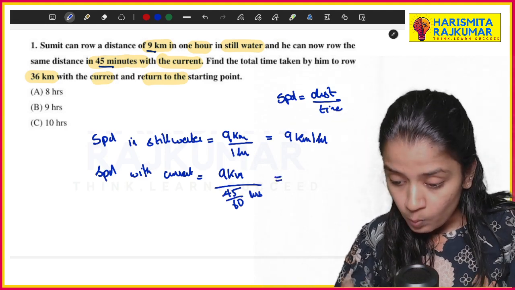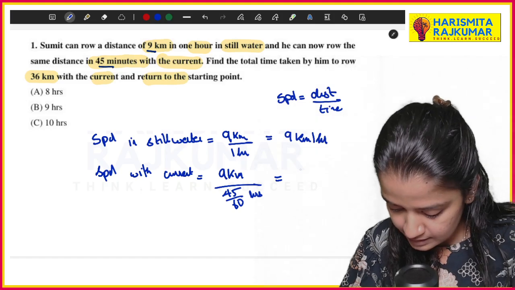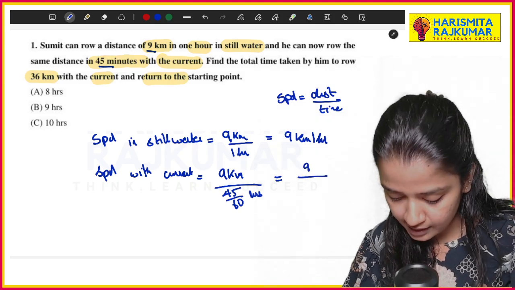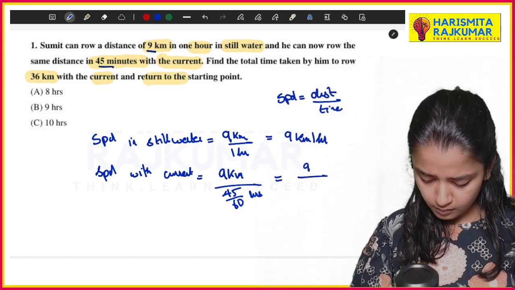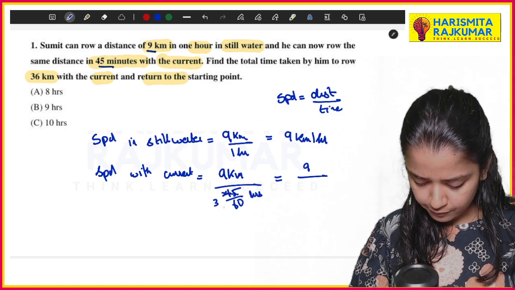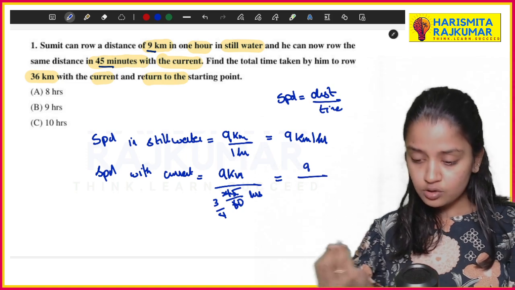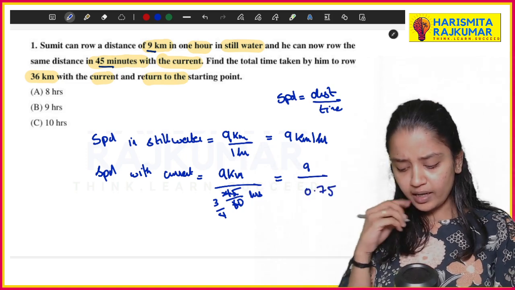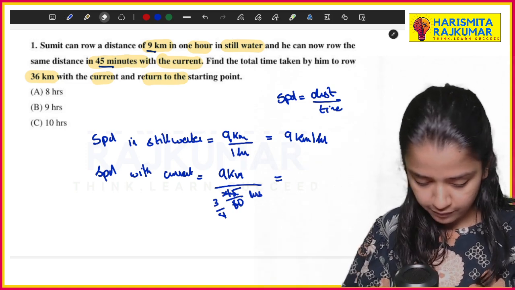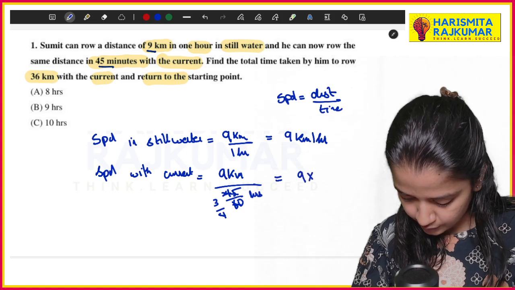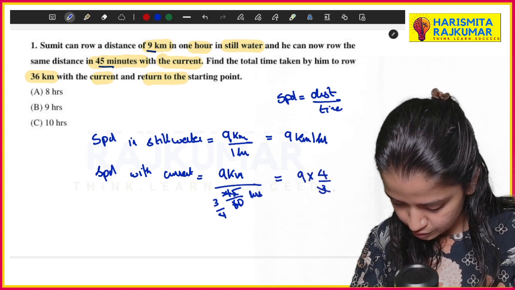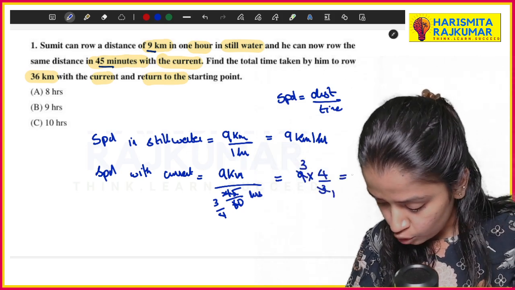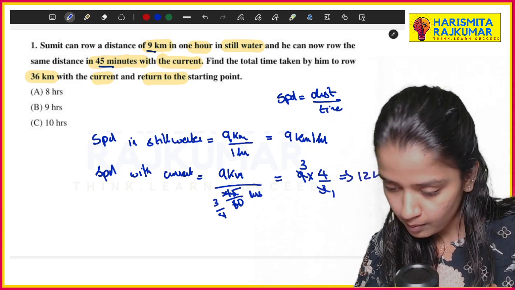When I do it, I can cancel it, which is 9 by 15, 3s are and 15 4s are, right? So 3 by 4 is nothing but 0.75. Instead of 0.75, let me write 9 into 4 by 3, which is 12 kilometer per hour.